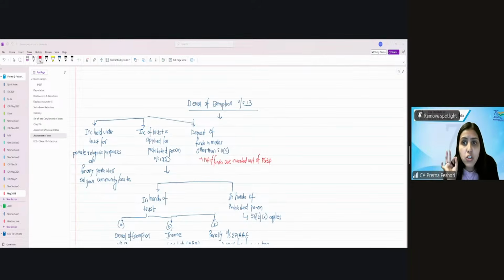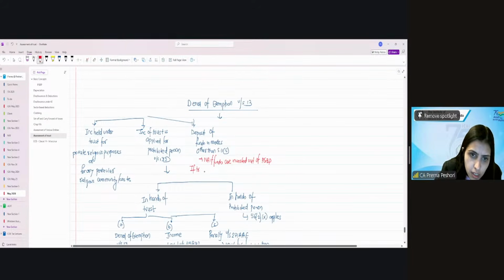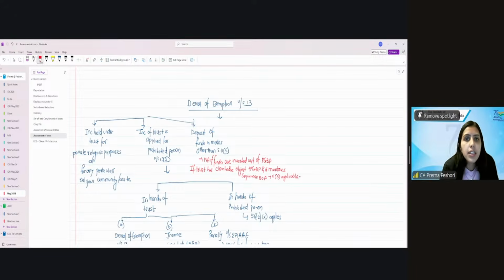So if a trust has a charitable object plus incidental PGBP and it maintains the separate books of accounts, then 11.5 will still be applicable. Clear?